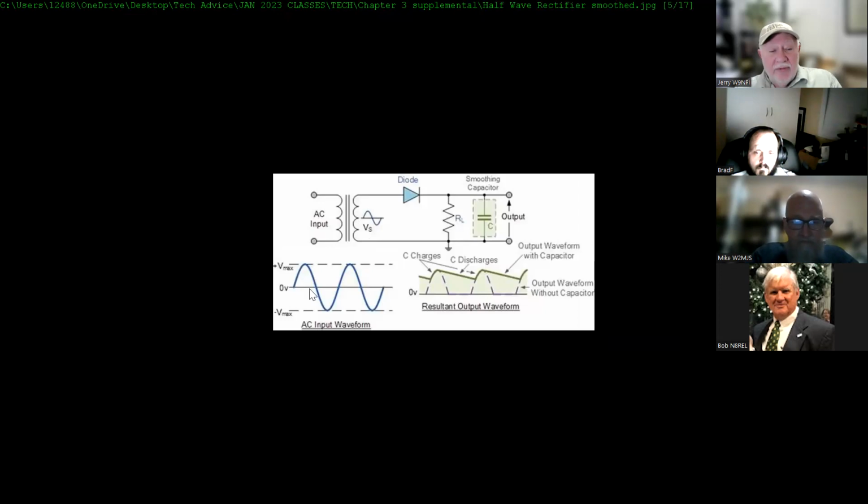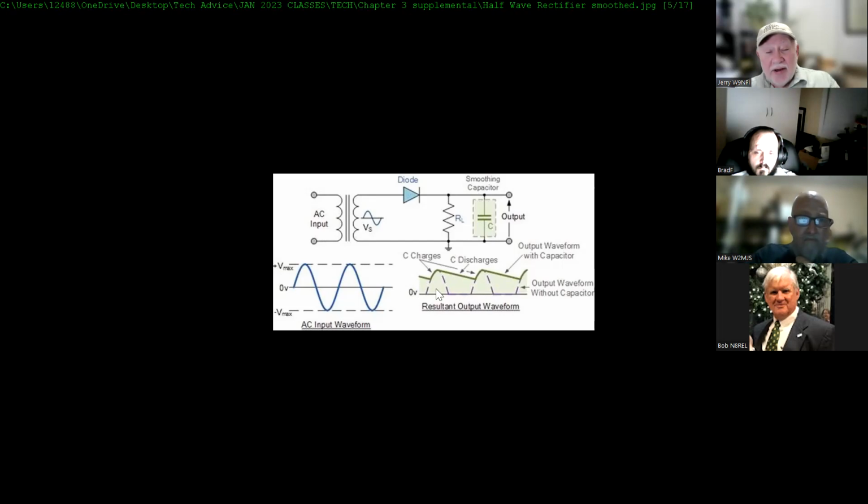Okay, if you have these little bump, bump, bump, you put a capacitor in, and as Bradley was talking about, it stores electricity. When it charges up, it stores electricity, and when there's no electricity, when there's this zero part, it discharges and boosts it up, and it keeps on doing it.